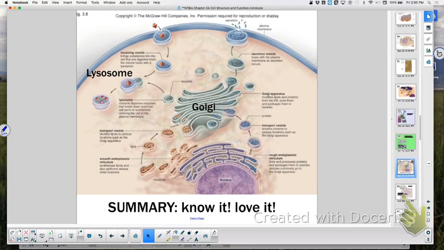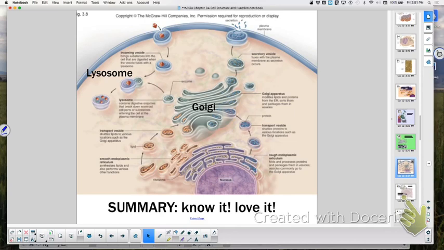Ribosome. Which is made out of what? What's a ribosome made out of? RNA. Oh, yeah. And proteins. And who made that rRNA? The nucleolus. The nucleolus did. Thank you.